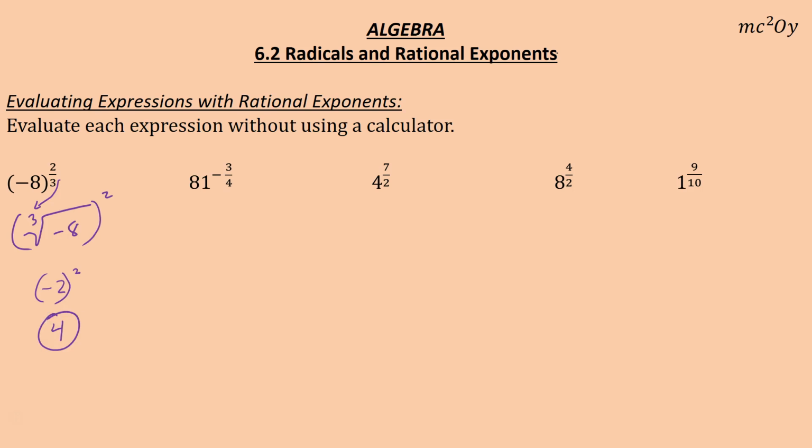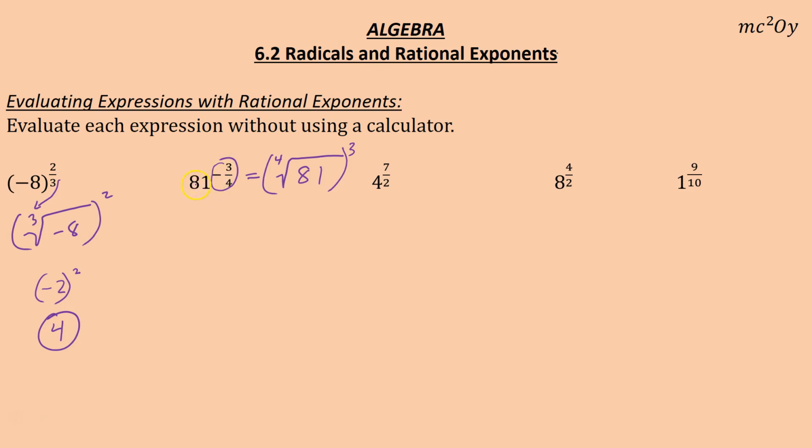One, a little more complex. This one is saying the fourth root of 81 to the third. Except that the exponent is negative. And remember what a negative exponent means.